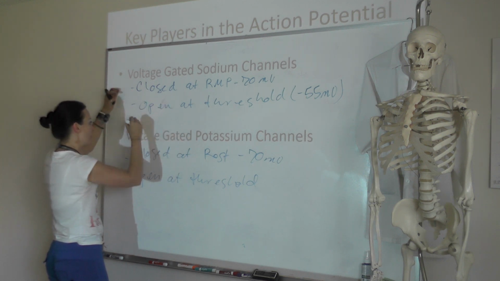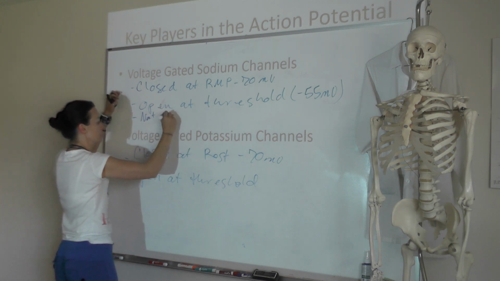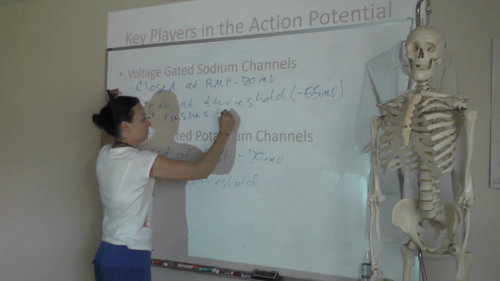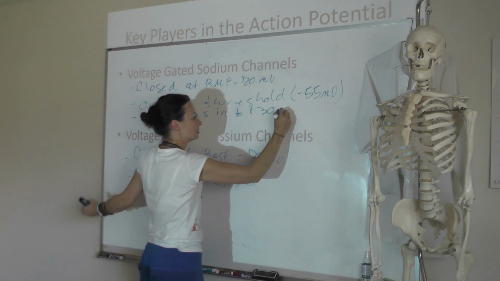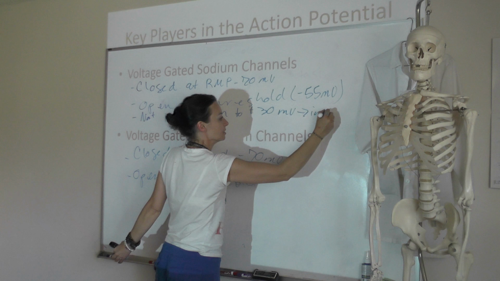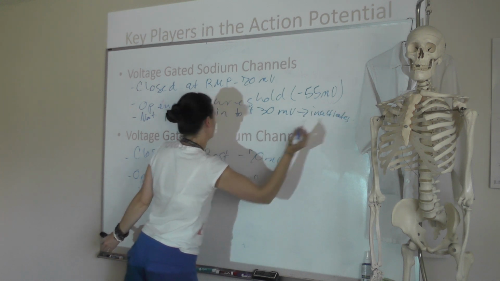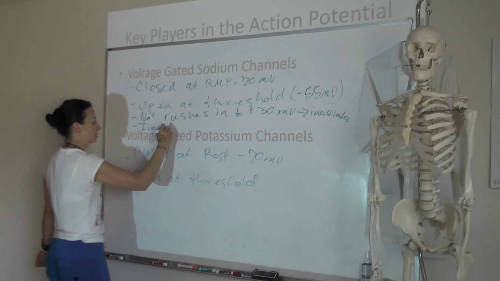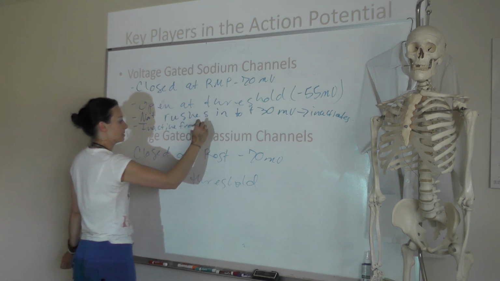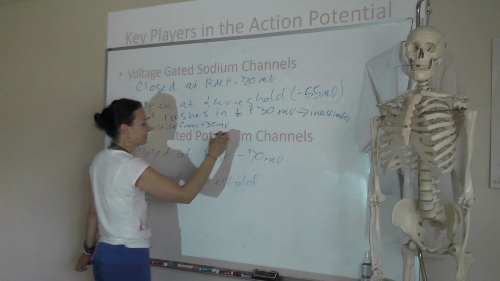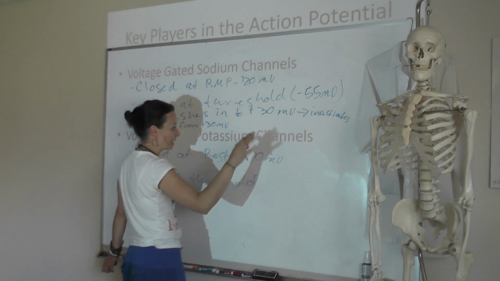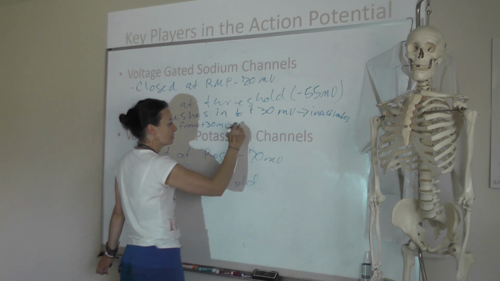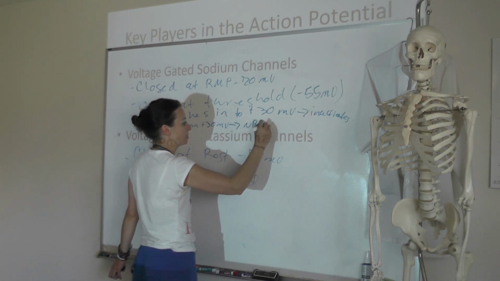So when it opens, sodium rushes in to positive 30 millivolts, and this is going to inactivate the channel. So the voltage-gated sodium channel is now inactive from positive 30 millivolts. I think it's actually back down to between threshold and rest, so we'll say to around resting membrane potential.